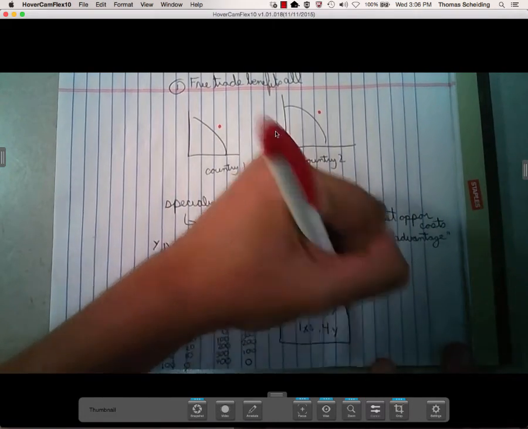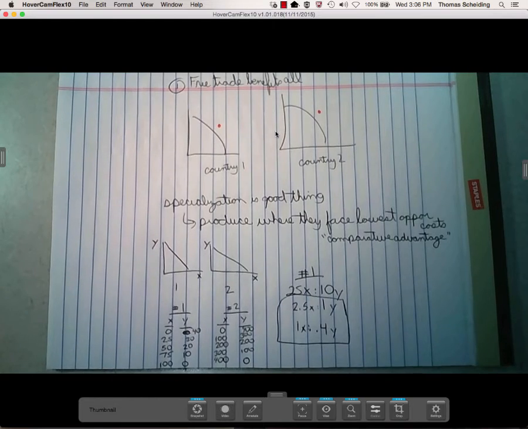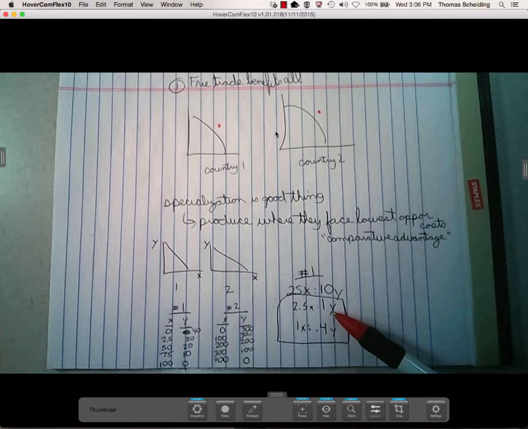The reason I do this is because it clearly shows what the opportunity cost is for each good. One yo-yo has an opportunity cost of 2.5x, and one xylophone has a trade-off of 0.4y. It's restating the exact same thing.